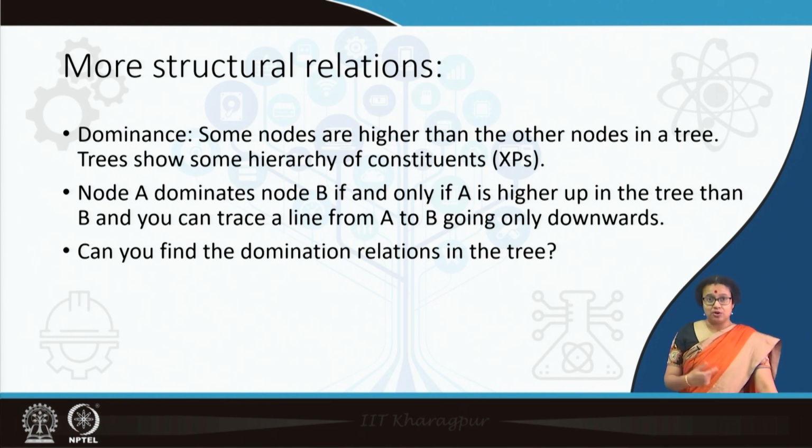Node A dominates node B if and only if A is higher up in the tree. So, NP is higher up in a tree from N, and we can trace a line from NP to N. Basically, if we consider from NP to N, it is going only downwards. So, if you again go back to the tree, you can figure out that there are some domination relations in the tree.